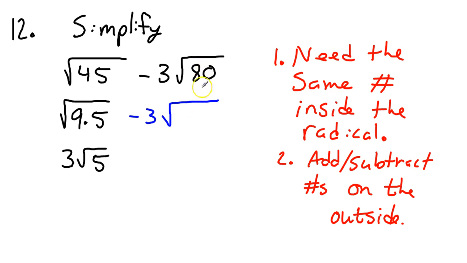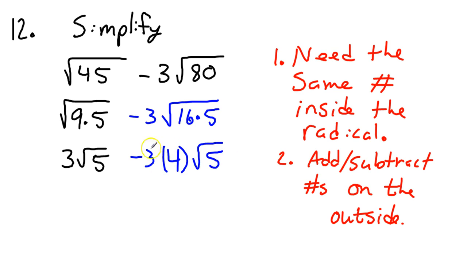So if you take 80 and divide it by 5, that comes out to be 16. If you take the square root of 16, that's 4. And again, the 3 was already here. And once you pull the 4 out, it's basically multiplication. 5's left over, so go ahead and do 3 times 4 and make that 12.